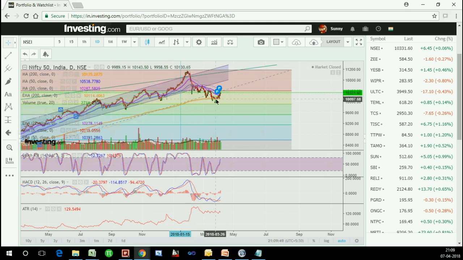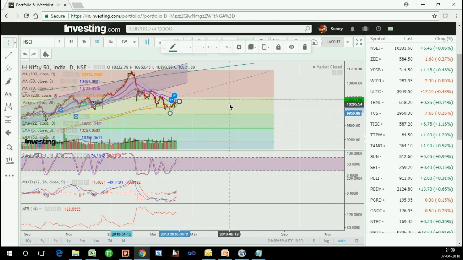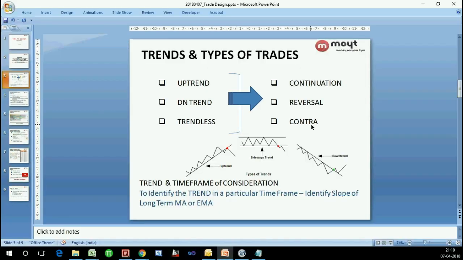So this was in a downtrend. Now, currently in the short run, you can see here the price is moving up, right? So I need to identify what the price is doing on the chart: is it in an uptrend, downtrend, or a trendless market.